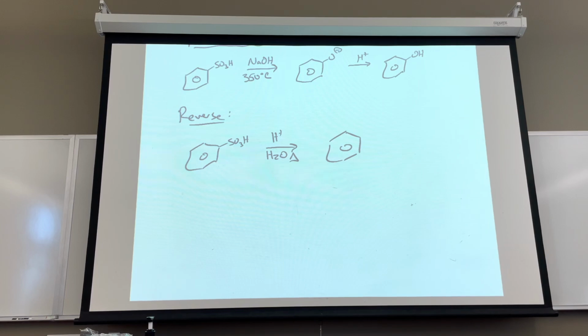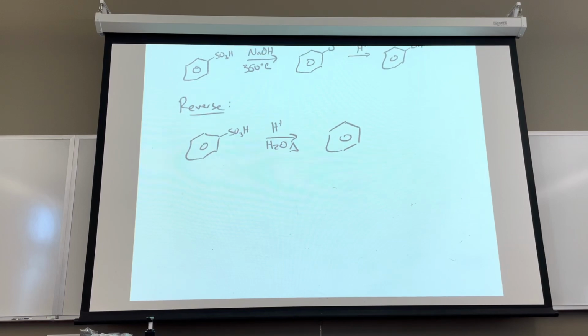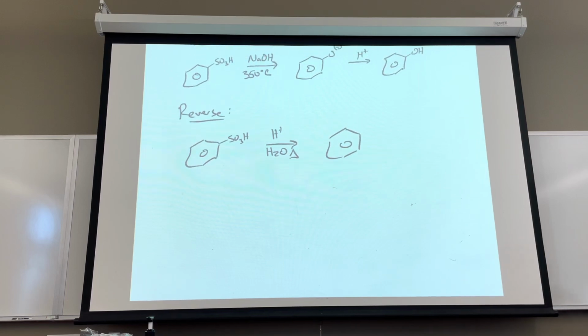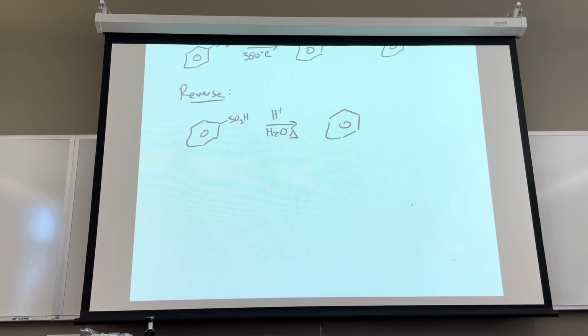Okay, so up to this point, we've been talking about what kind of, let's say, decorative groups we can put on the ring. You know, halogens, nitro, sulfonic acid groups. It would be nice if we could use this chemistry to put carbon groups on the ring. And that's what we're gonna get into now.